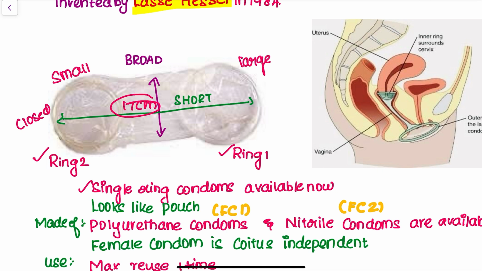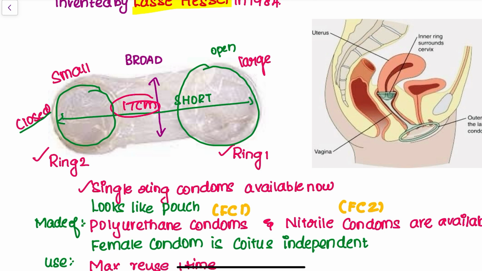The most important differentiating feature is that ring number 1 is large, but ring number 2 is small. So one end is a large ring and the other end is a small ring, and the small ring is a closed portion. This large portion is open, but this small portion is closed. So this is one end and that is the other end.